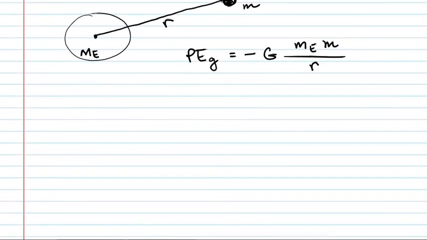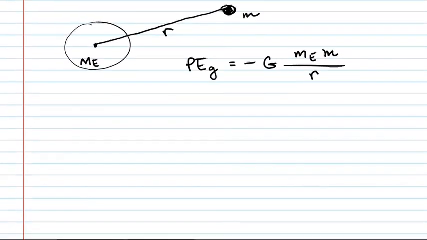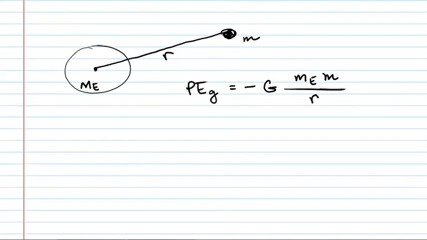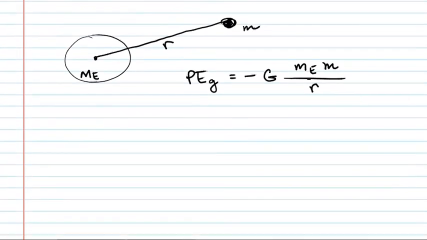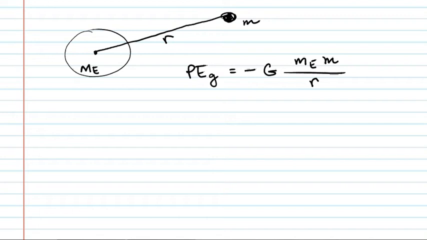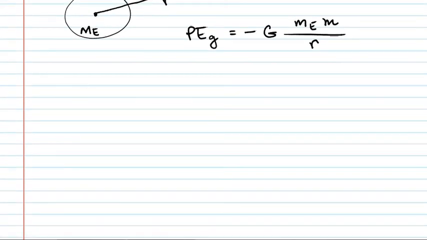In any case, what can we do with this? Well, we can do exactly the same sort of thing that we did in our chapter on energy. We can look at the conservation of energy, or in particular the conservation of mechanical energy. If we have a time initial and a time final, we have the Earth and the object at one distance.